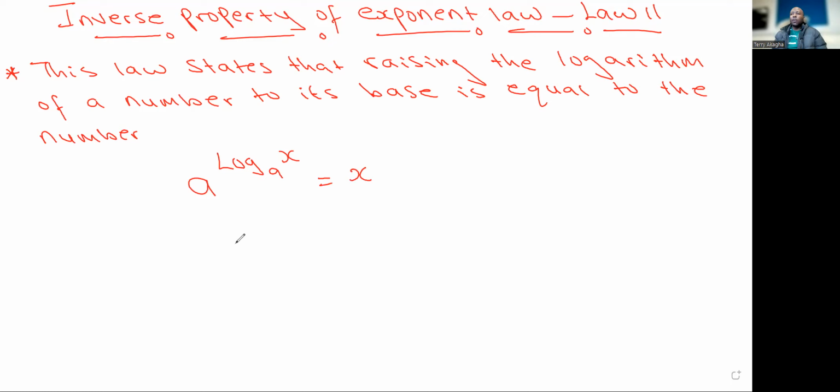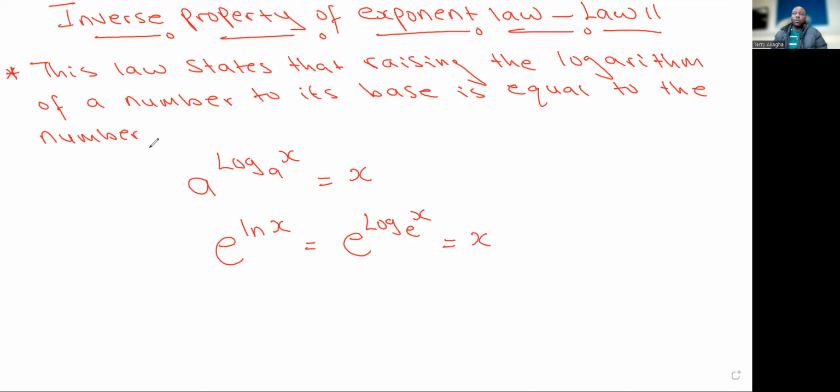Or you have exponential ln of x. Remember, ln is the same thing as log to base e of x, so you can write this again as e to the power log base e of x. Both of them are the same, and that will give you x.